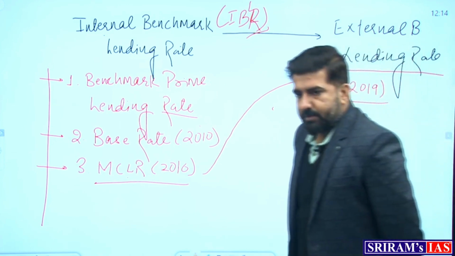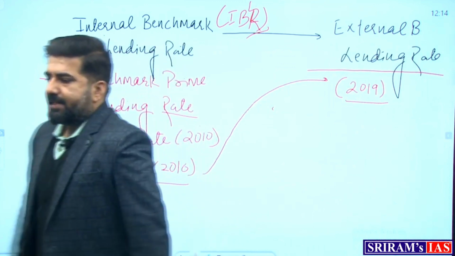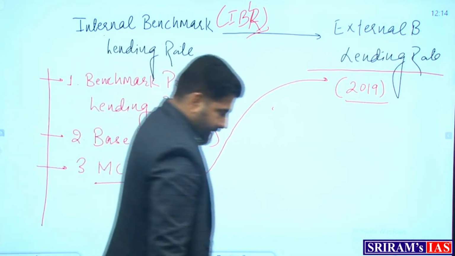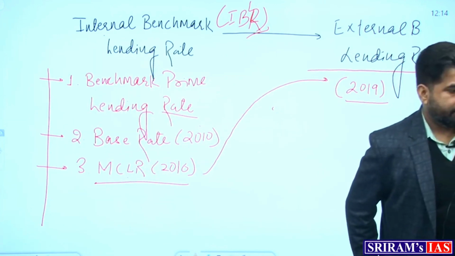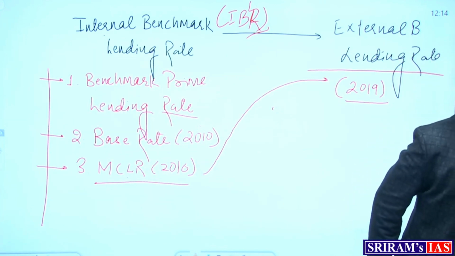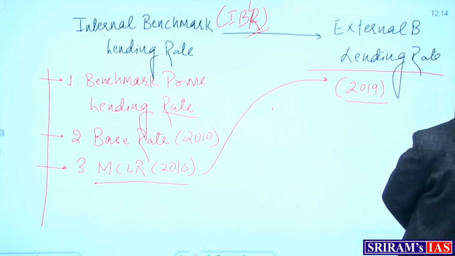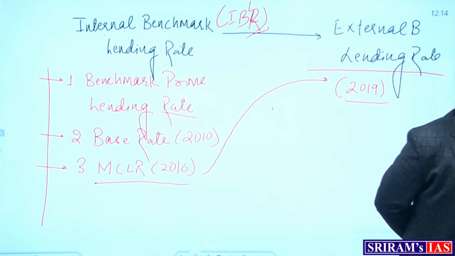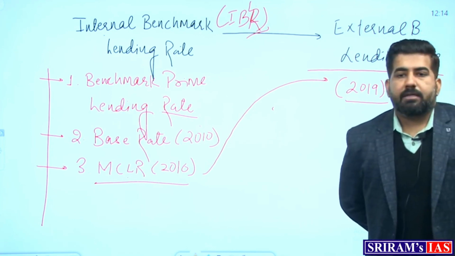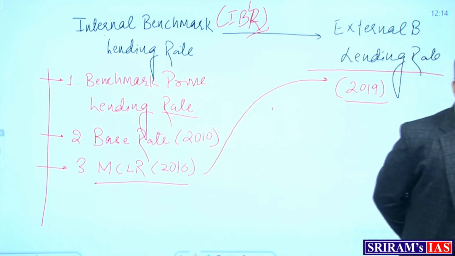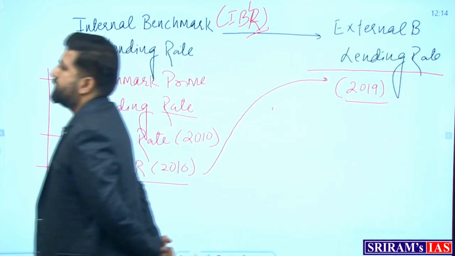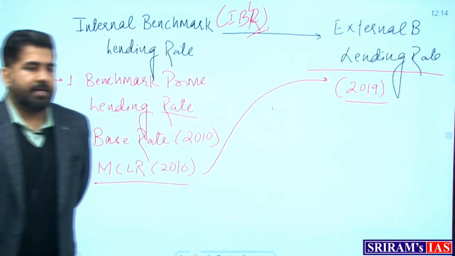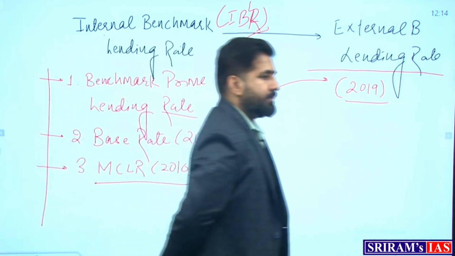Next point. RBI has mandated the banks to adopt a uniform external benchmark from any of the given four options.